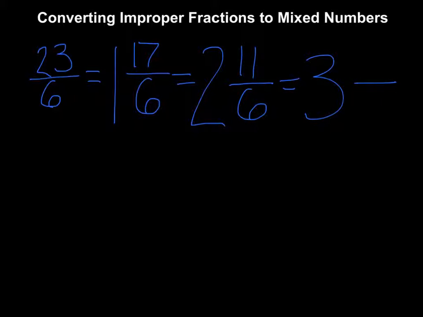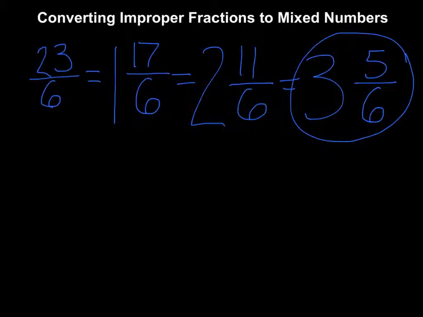Now if I take 6 slices out of here, I'll be left with 5 slices, and again it still takes 6 slices to make that full pie. And finally, I don't have an improper fraction, which means that 23/6 simplified is 3 5/6.